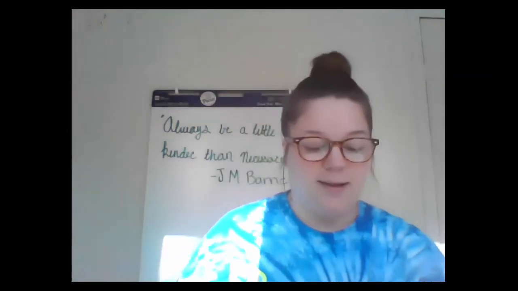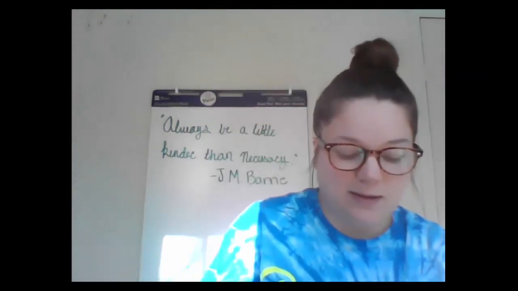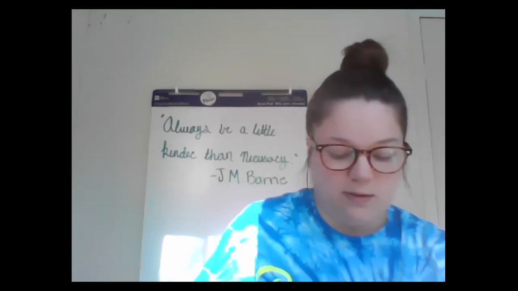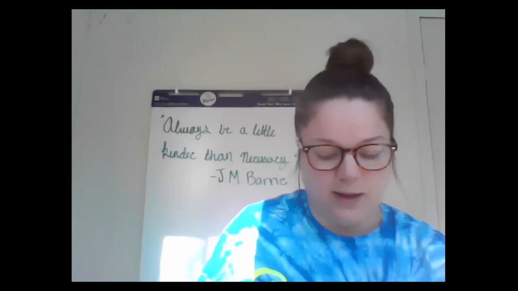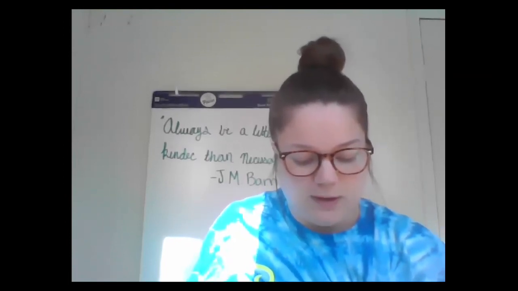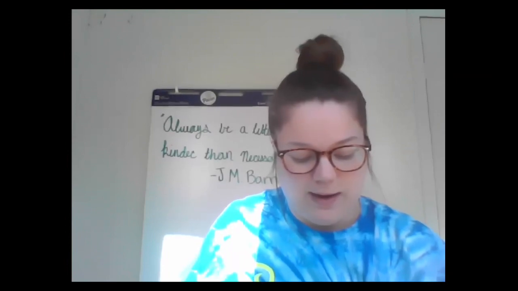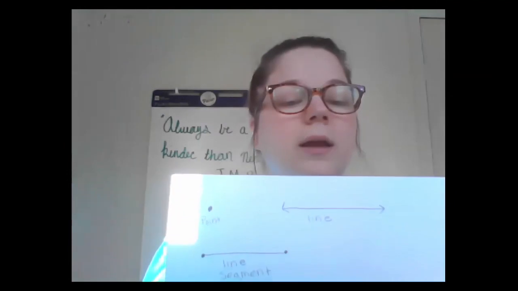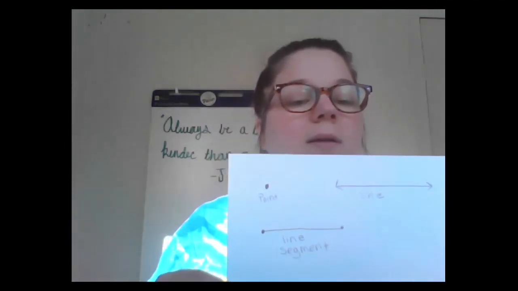Then we have a line segment. A line segment is a tiny piece of a line. It's just one little section of a line, or one little segment of a line, if you will. It is represented by a straight line piece that has a point on each side. This is a line segment.